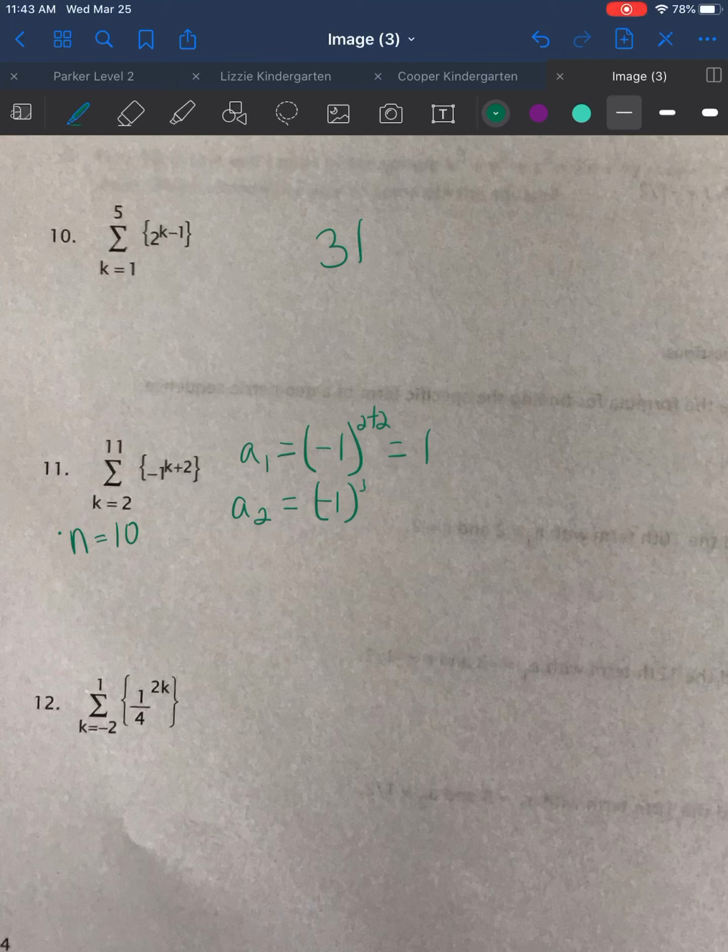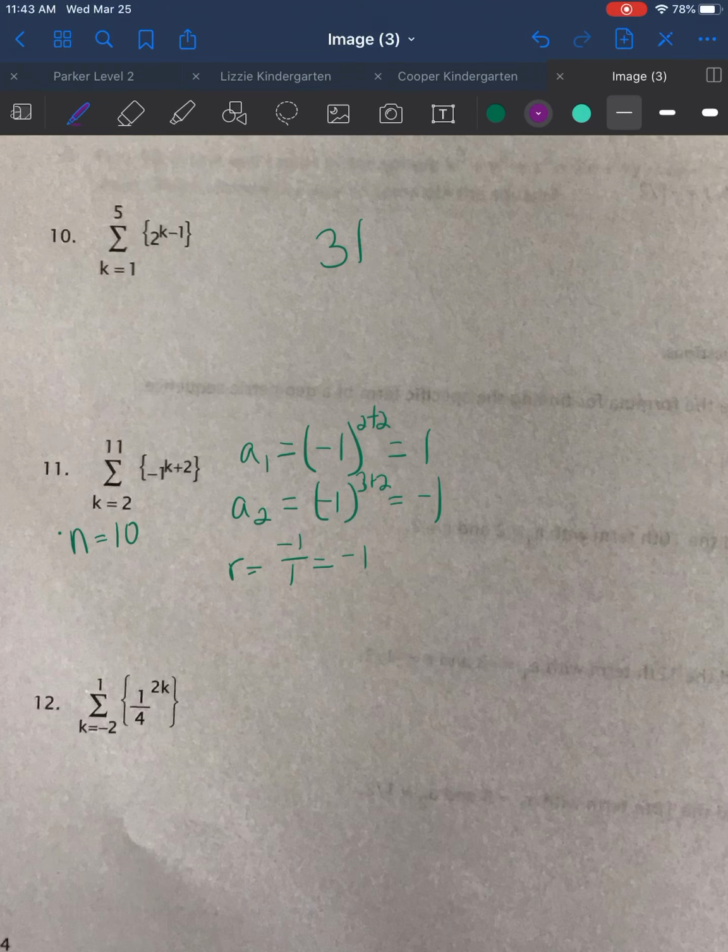So we've got 3 plus 2, which would be 5. Negative 1 to the 5th power is negative 1. When you take a negative to an odd exponent, your answer is negative. When you take a negative number to an even exponent, your answer is positive because of your negative pairing up. That means your r value is going to be negative 1 divided by 1, which is negative 1.